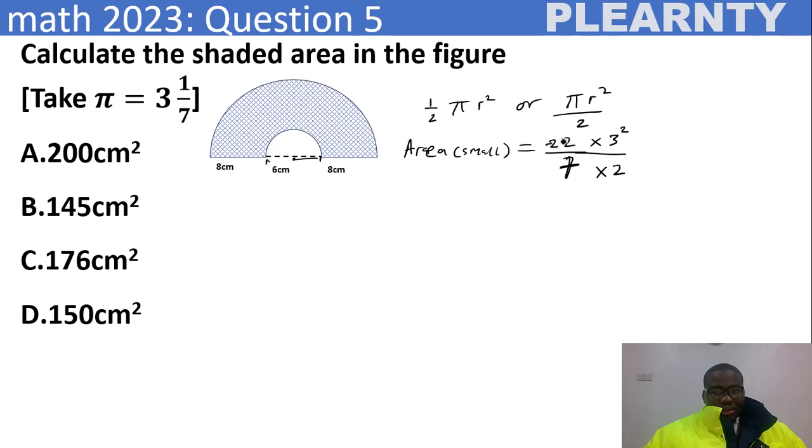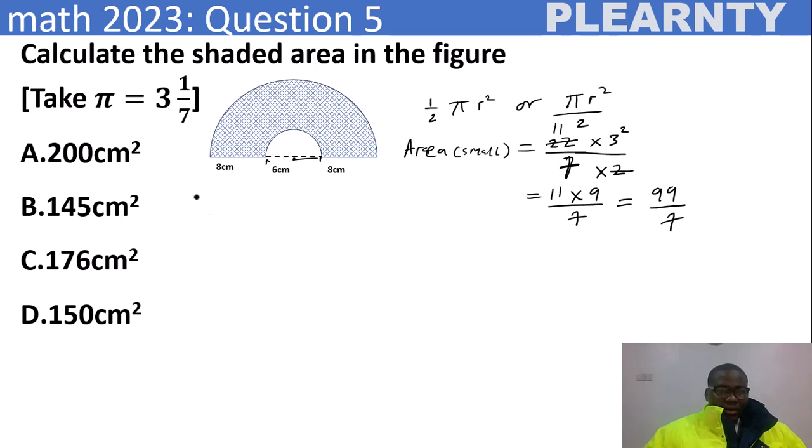So we can say 22 divided by 2, we have 11. And 3 raised to power 2, that's 3 times 3, and that's 9. So we can say 11 times 9 over 7, which is equal to 99 over 7. So this 99 over 7, this is the area of the small semicircle.